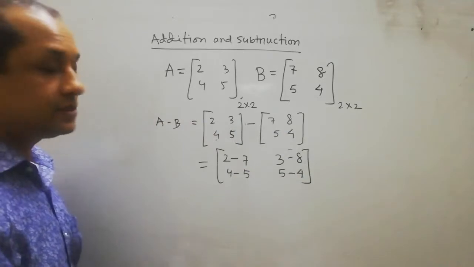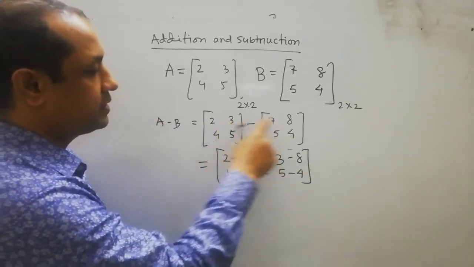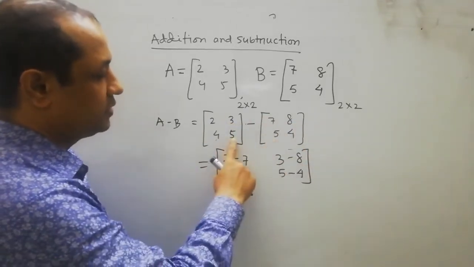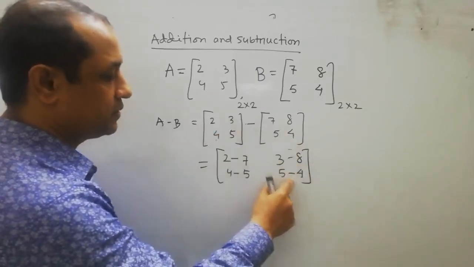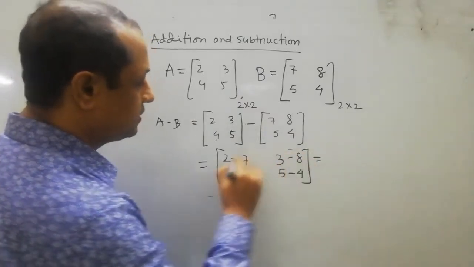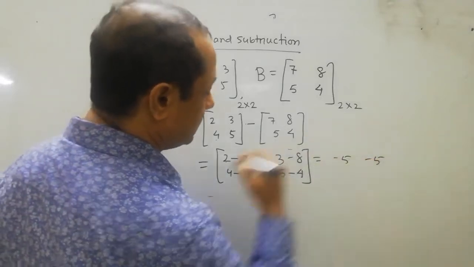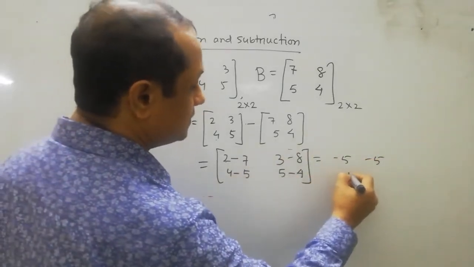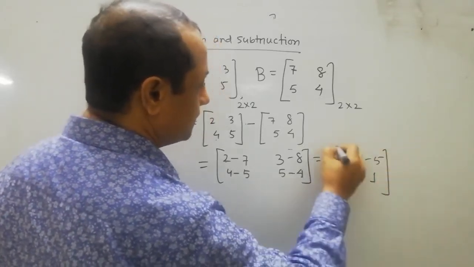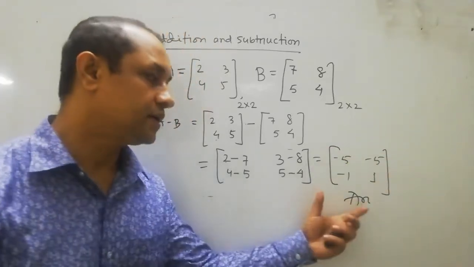Then we have 2 minus 7 is minus 5, 3 minus 8 is minus 5, 4 minus 5 is minus 1, and 5 minus 4 is 1. So the subtraction answer will be minus 5, minus 5, minus 1, 1.